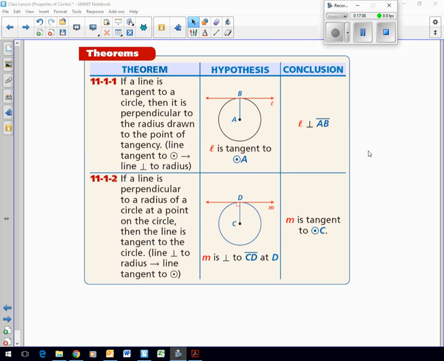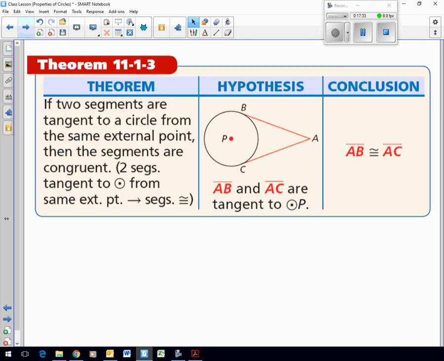What you're going to end up seeing, guys, is a slew, that means a bunch, of problems that look like that, right? And you're asked to find the distance, or you're asked to find angle measurements, and we're going to be able to go into a lot of different theorems involving those particular principles, okay? All right, move on real quick. I'll come back to it later if you need it, okay?